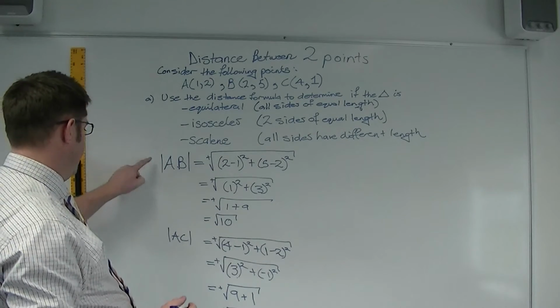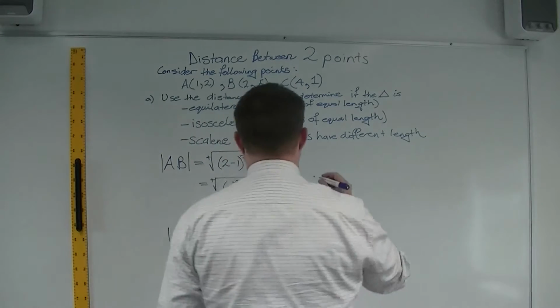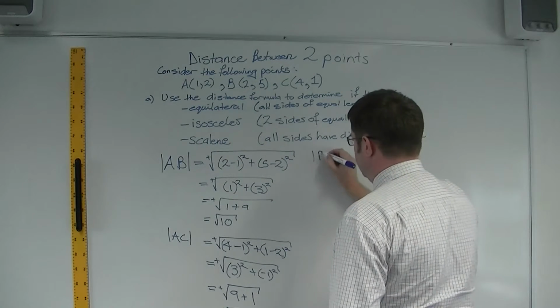So now we have lengths AB and AC. The final length that we need to find, we'll call this length BC.